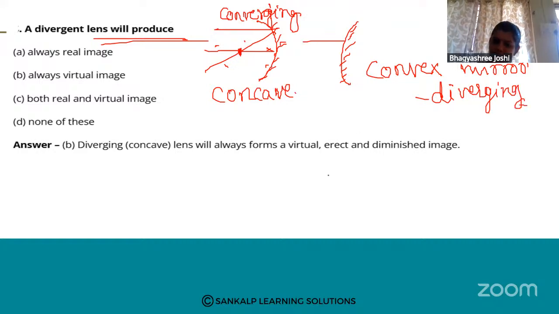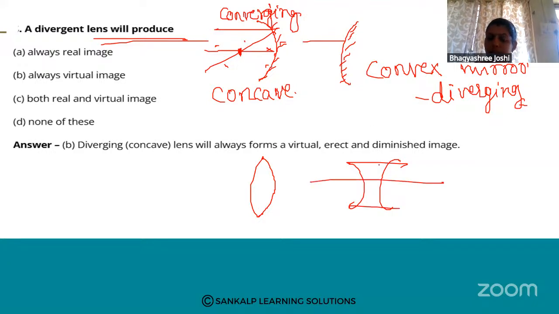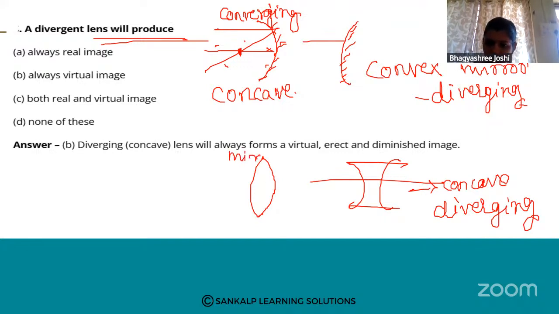But in case of lenses, what happens? In case of lenses, this is a convex lens and this is a concave lens. So here it is exactly opposite. Concave lenses are called diverging lenses, and convex lenses are called converging lenses.